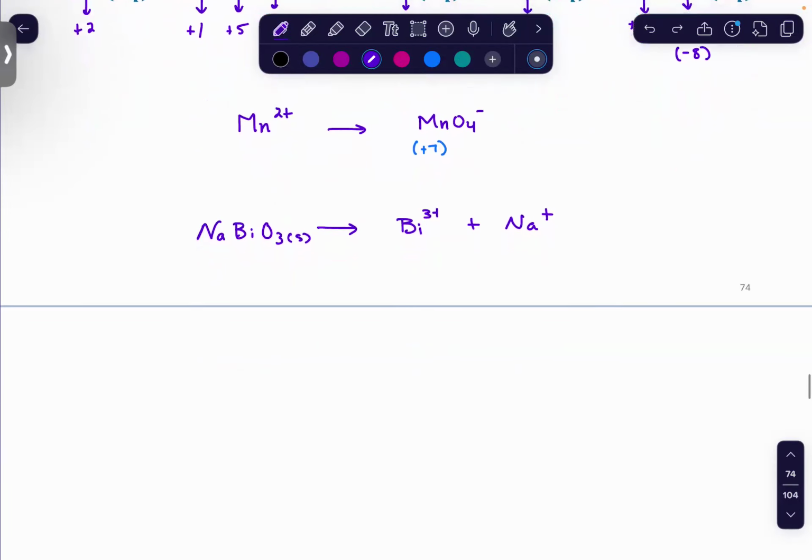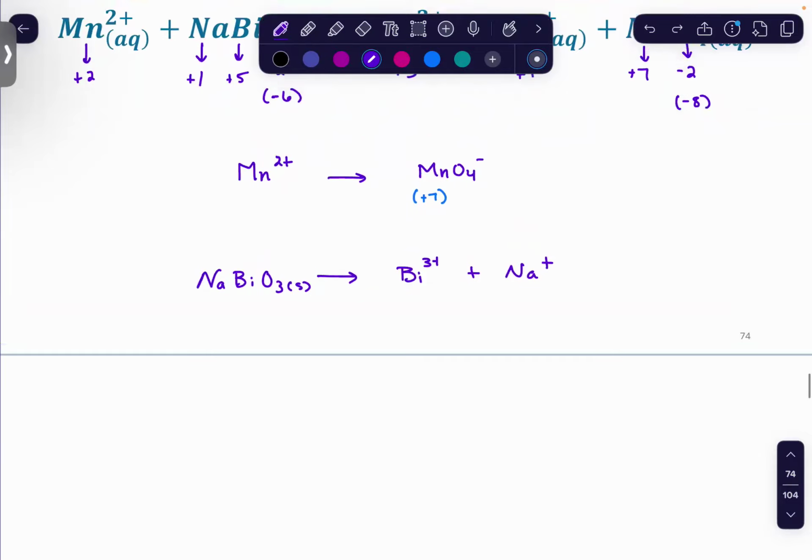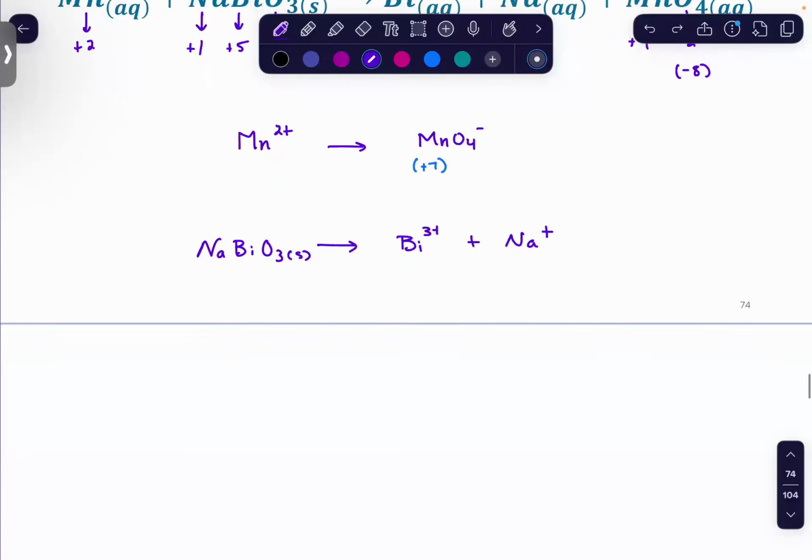So now we're going to start to balance oxygens by adding waters. So look at the manganese equation. You notice how you have four oxygens on the right, none on the left? That means I need to put four waters on the left side.